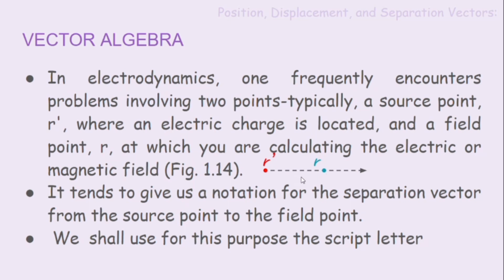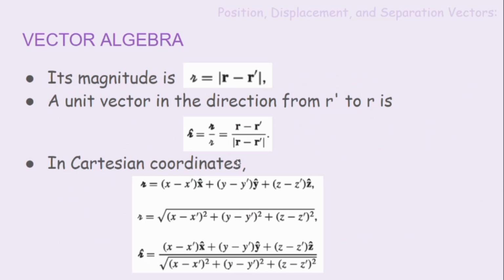So it will be represented by r, this script letter r, and it will be equal to r minus r prime, and its magnitude is taken in the mod. It means that the magnitude cannot be negative, and we will have its unit vector: the r vector over its magnitude.